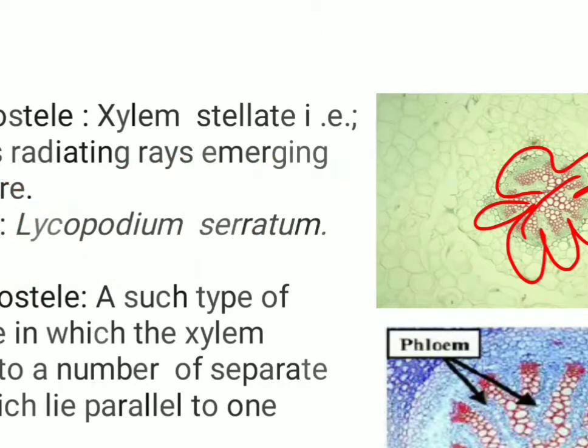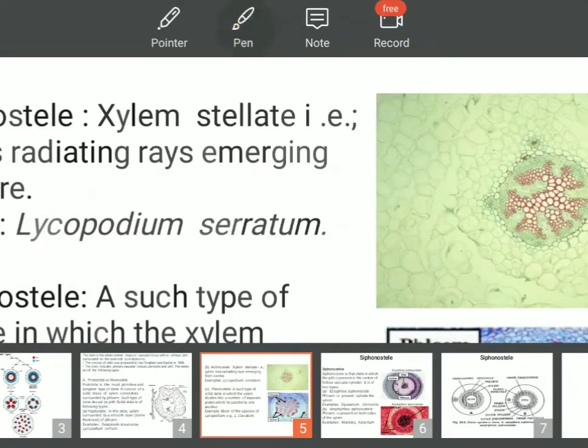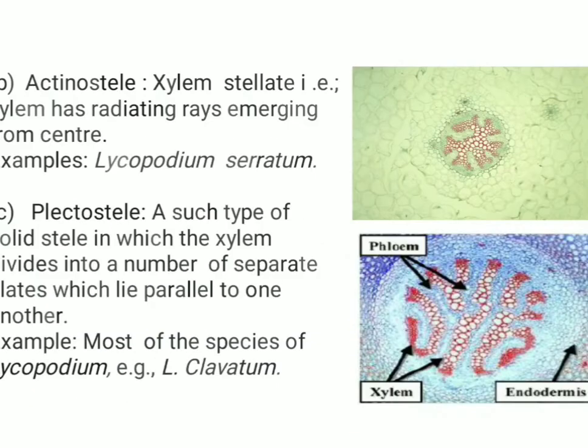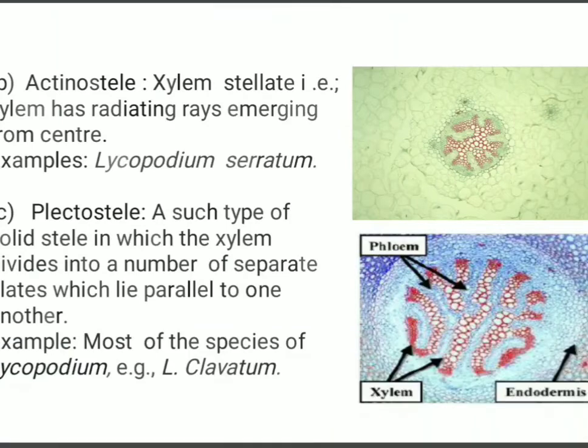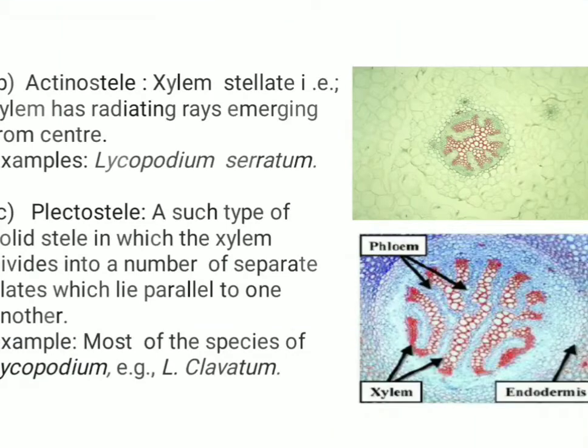Okay, then plectostele. Plectostele is a type of solid stele in which the xylem is divided into a number of separate plates which lie parallel to one another.